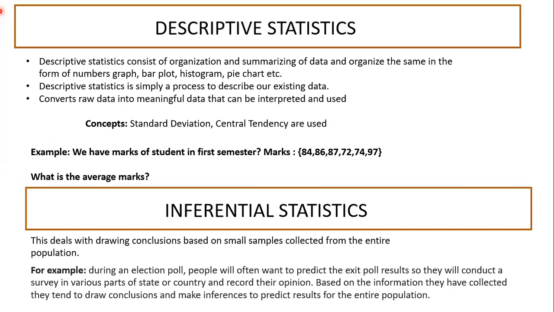Based upon the information we have collected, that is the exit poll collection, we will draw a conclusion about which party will be winning. For example, in Karnataka, if we have BJP or Congress in a higher majority, we will be able to draw a conclusion. It is the same in the other states. So from all the exit poll results of the different states, we will be able to draw some conclusion.